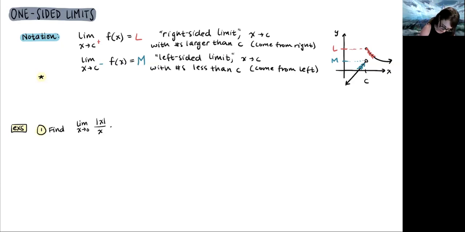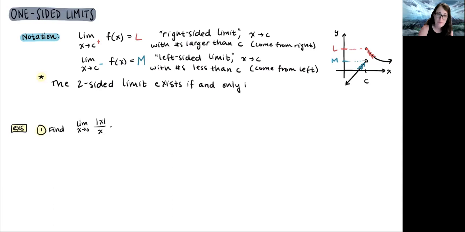So, a little note here: the two-sided limit, the limit without any plus or minus in it, exists, or has a value, if and only if the one-sided limits are equal.